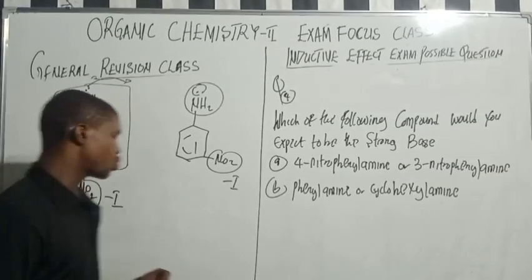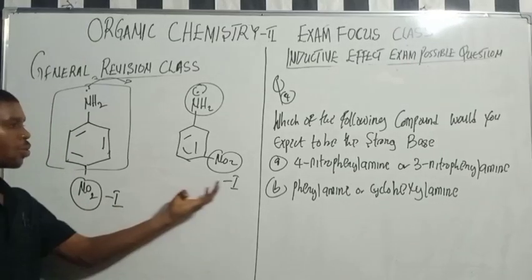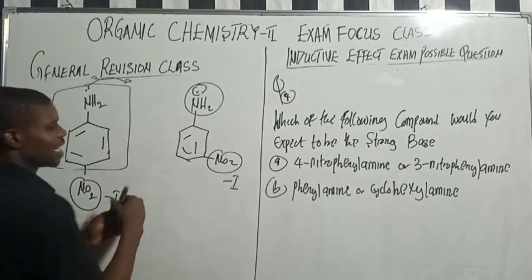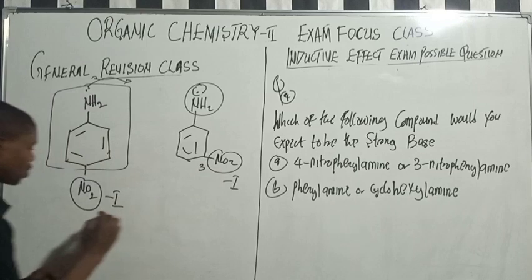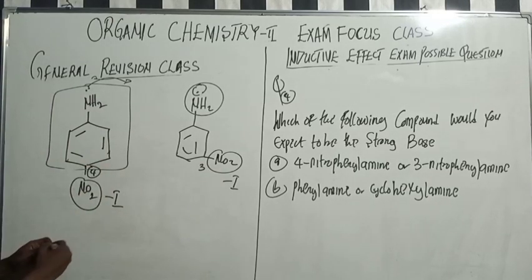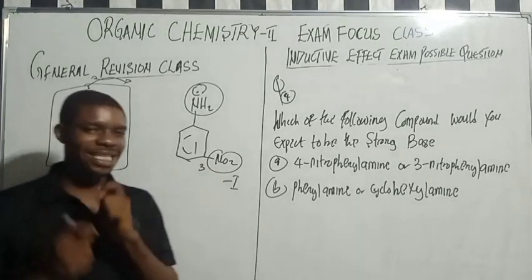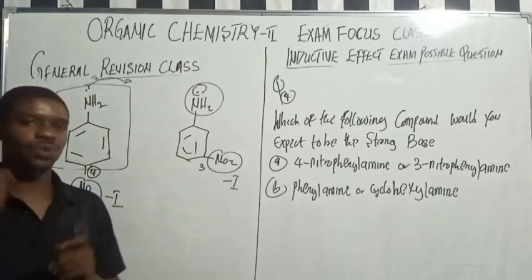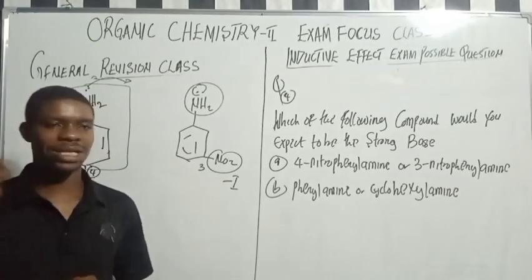Two of them have minus I, but here is position 3, and here is position 4. Because they are not in the same position, one will tend to be higher than the other, or one will tend to be lower.